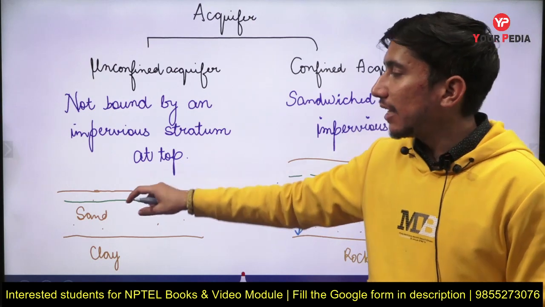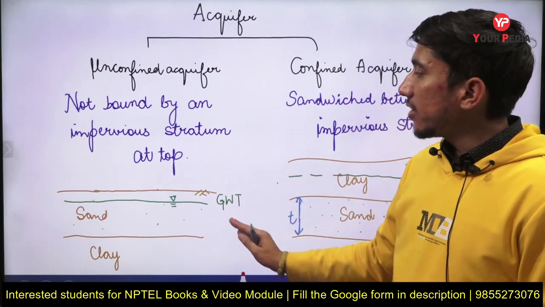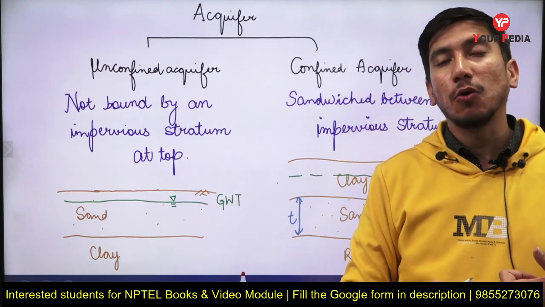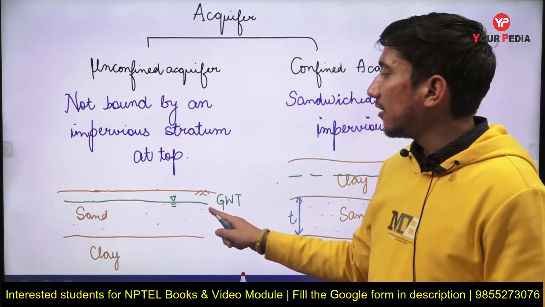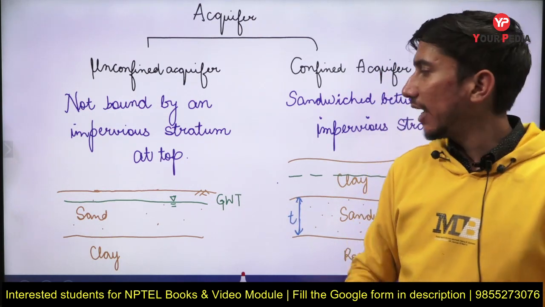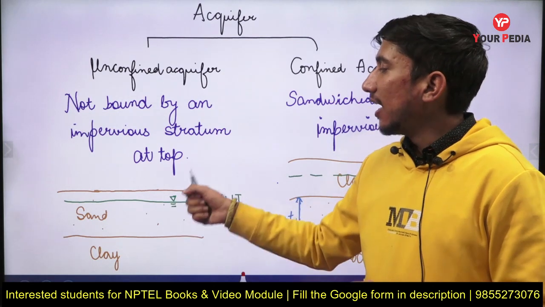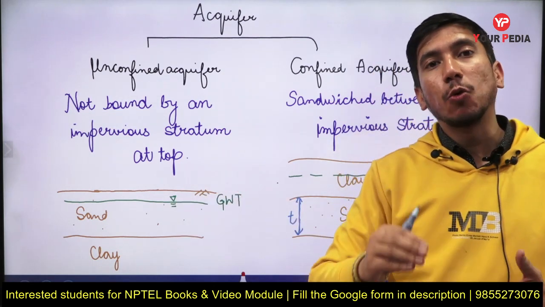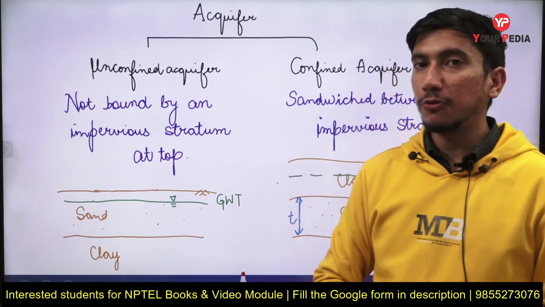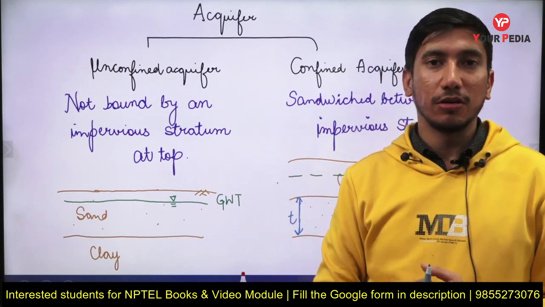Okay, it is open at the top and such an aquifer will be called as unconfined aquifer. The top surface of the water in unconfined aquifer is called as the groundwater table. Okay, and if you make a well in an unconfined aquifer, then the water will only rise up to the level of the groundwater table only. It will not rise beyond that.